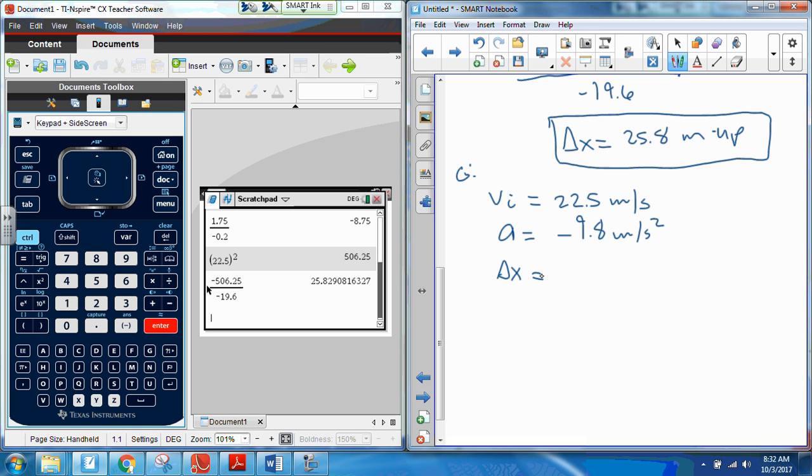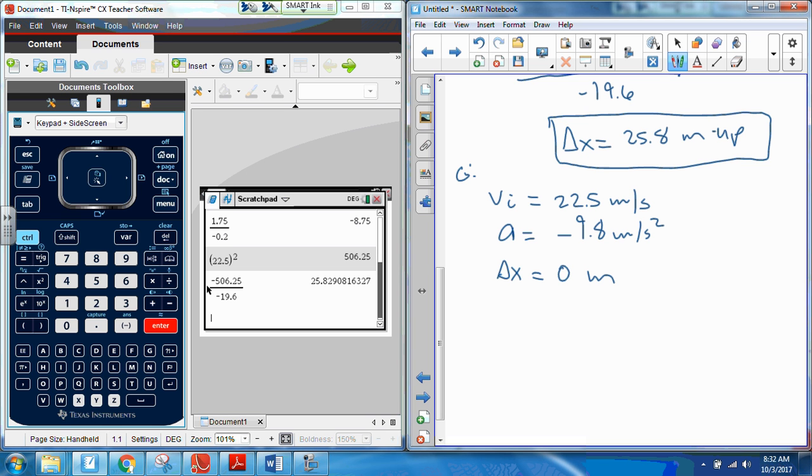So delta x in this case, I started at, say, a meter off the ground, and I ended at a meter off the ground. So how far do I travel then? If I start at 1 and end at 1, how far do I travel? None. So that's going to be 0 meters.